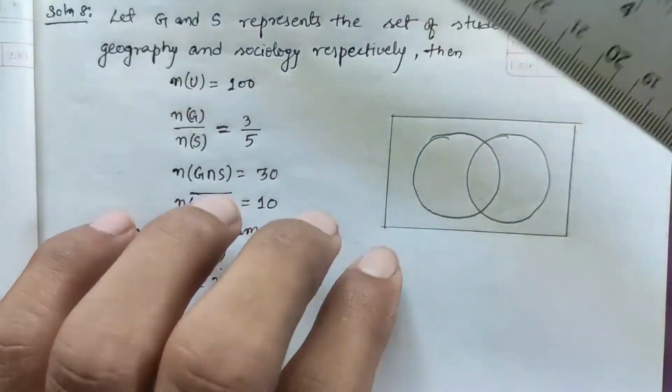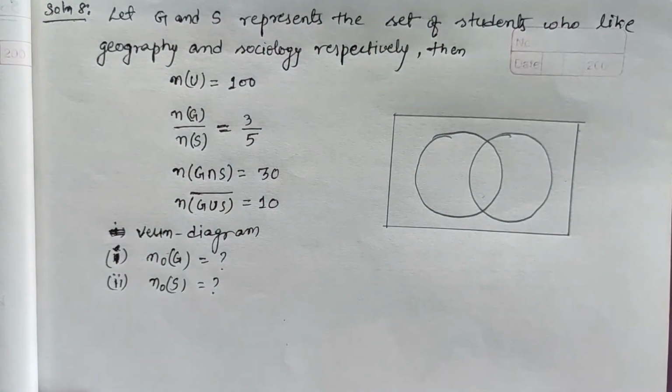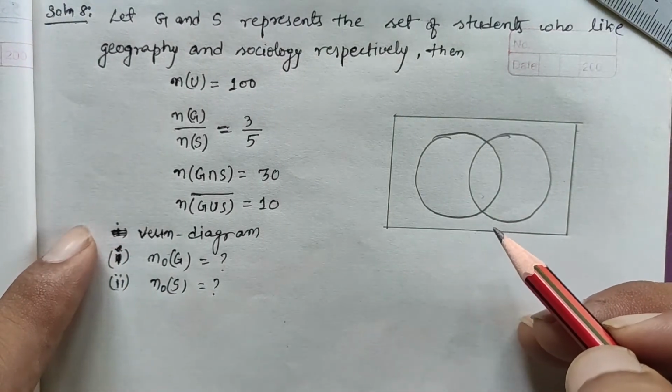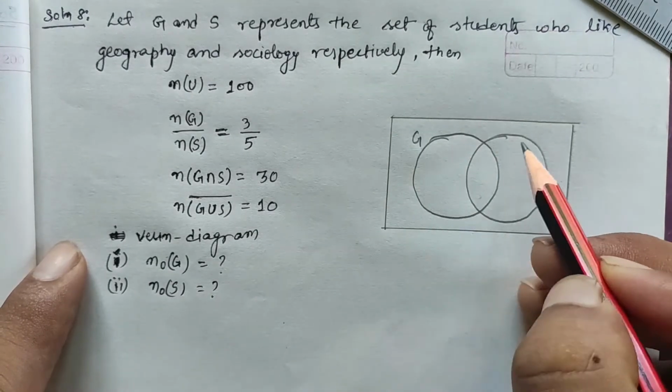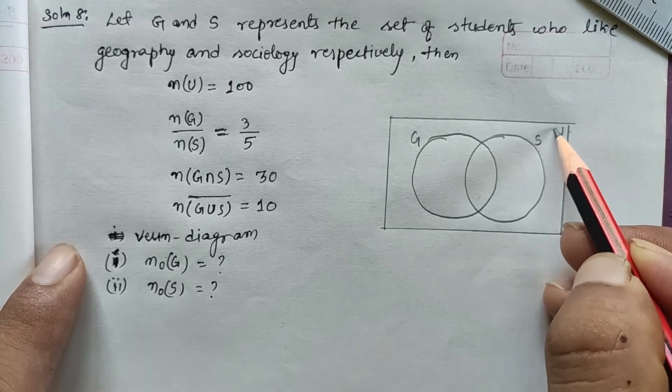This is the Venn diagram, and in it we write G for geography, S for sociology, and this is the universal set.